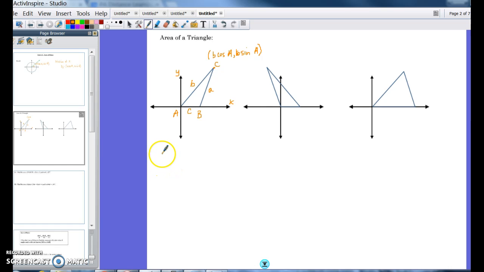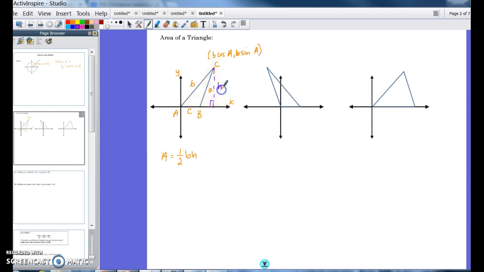So if you think of the area of a triangle as 1/2 base times height, when looking at it, it doesn't look like I have a height. However, if I were to draw in this perpendicular here, the coordinates of this point are coming from this distance and then this distance.